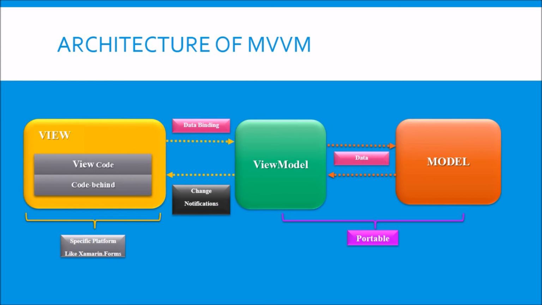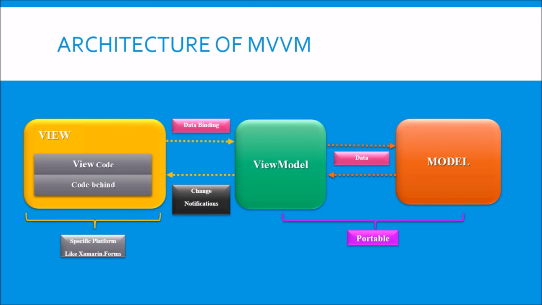This is the magic part that does the binding between the view and the view model. And here we get some notifications from the view model to the view to say to the view, I have something to say, something has changed. The view model here sends and receives data. We will see that in depth later in our sample. It will be more clear.